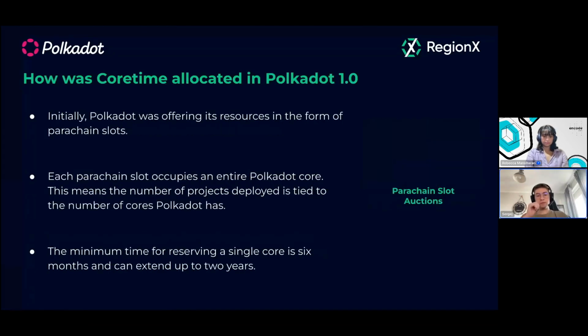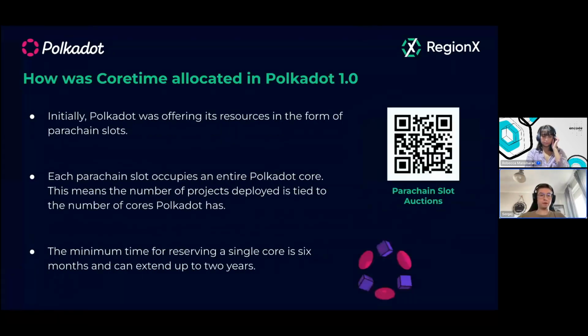So before going into Agile Coretime, I'm going to go over how Coretime was allocated in Polkadot 1.0. For a parachain to be deployed on Polkadot, it needed to reserve one of these cores, and this was happening through parachain slot auctions. So it had to win a parachain slot, and each parachain slot was occupying an entire core.